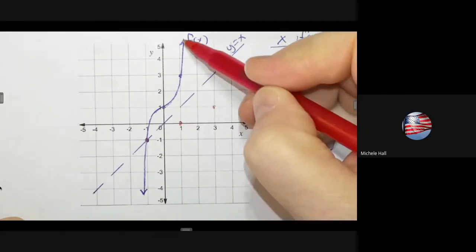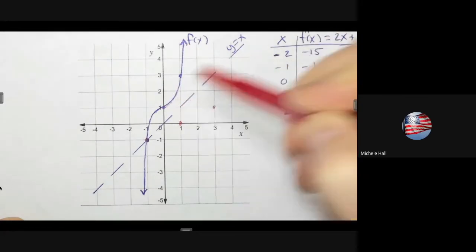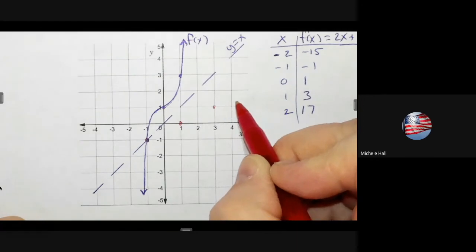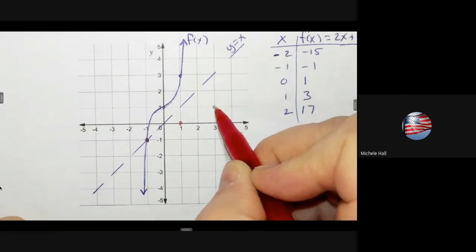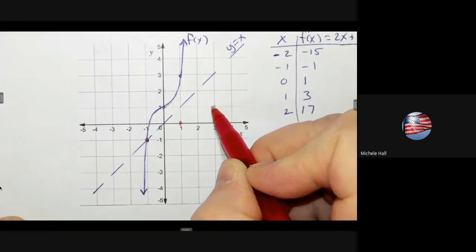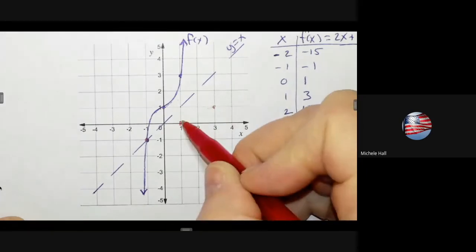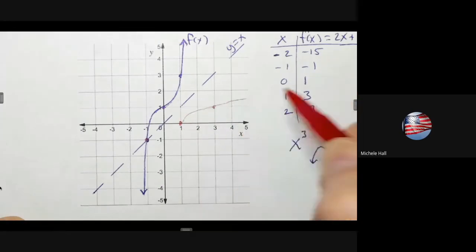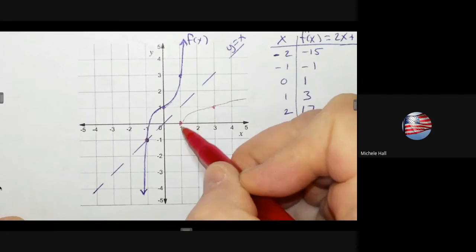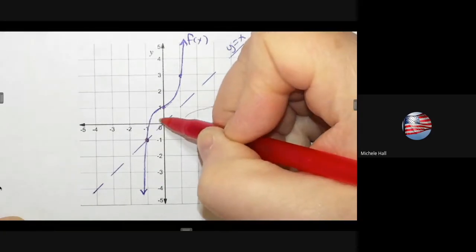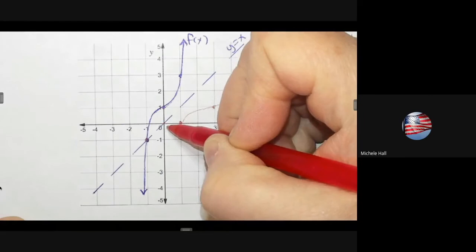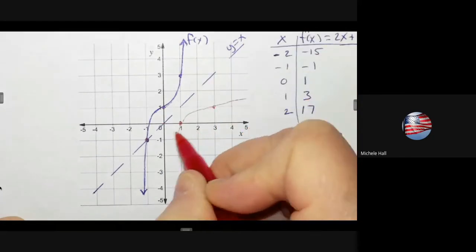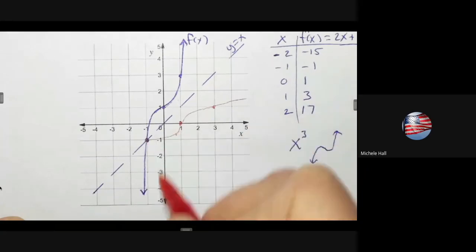And we see that the function is coming in and then curving out, and then it does curve out right here a little bit. And so just looking for that reflection piece coming out and crossing over.